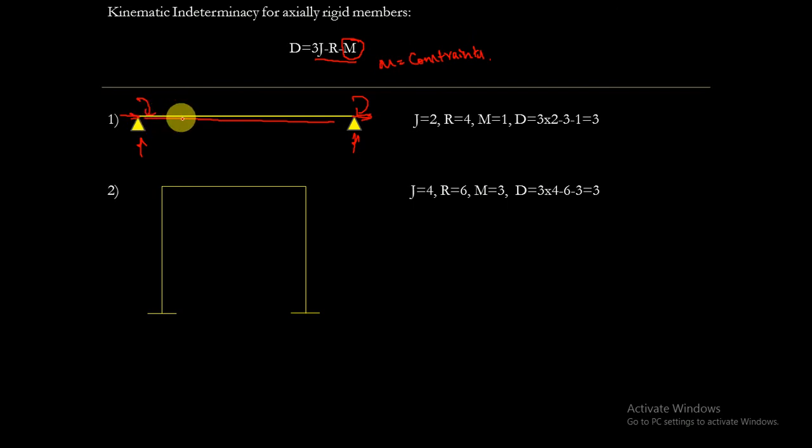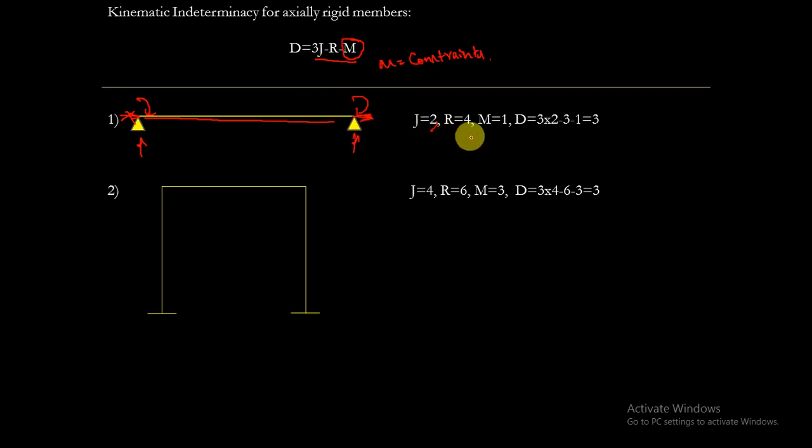At a time it can move once, so it will have only one horizontal displacement. For each member there will be only one horizontal displacement. So let us see the degree of kinematic indeterminacy for this structure.